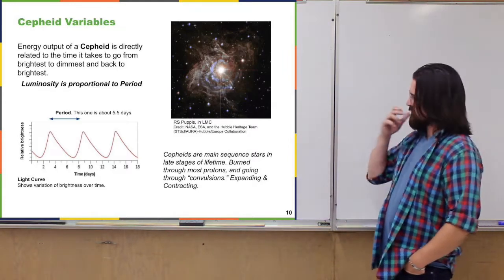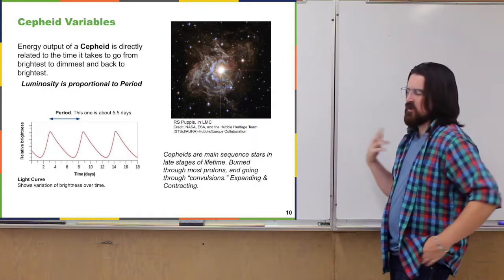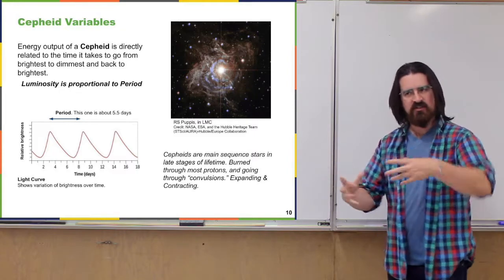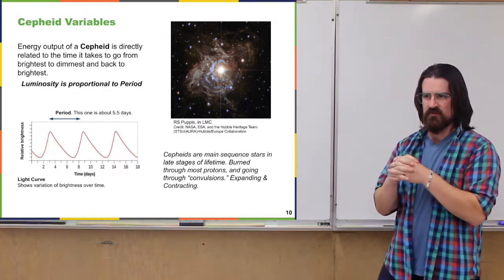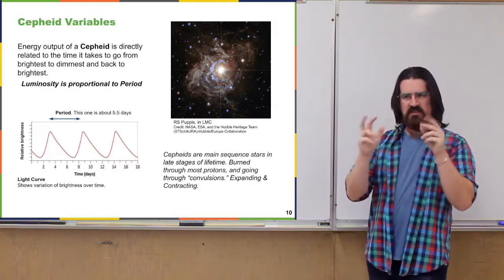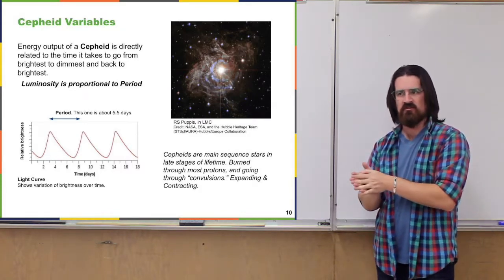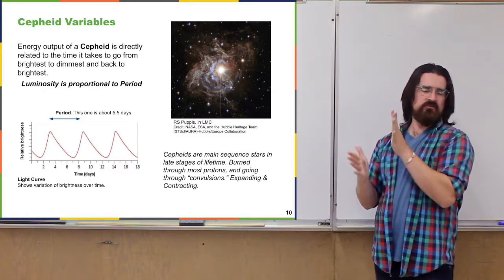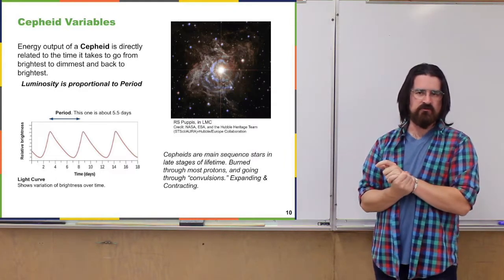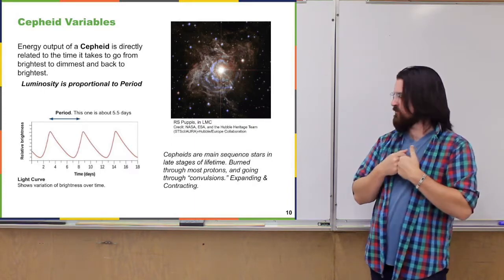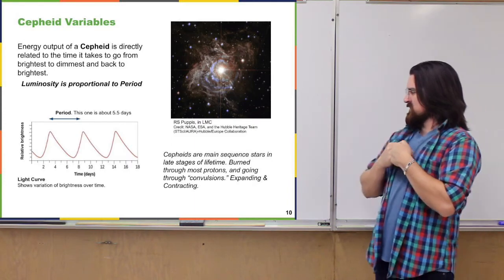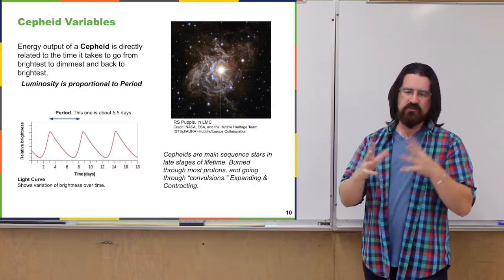Alright, I also wanted to mention what is going on with these stars to make them pulse like that. It seems that these are regular stars, like main sequence stars, that have gotten close to the end of their life, meaning they burn through most of the protons that were available, so there's almost no protons to keep going in that proton-proton fusion, and they're sputtering, convulsing, right?